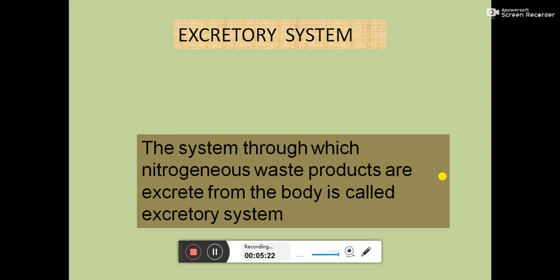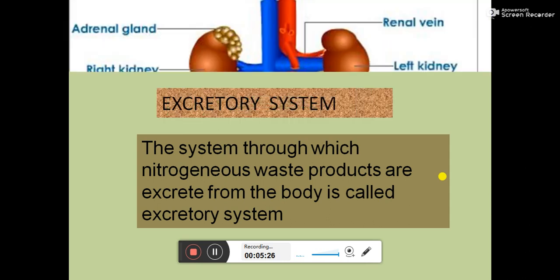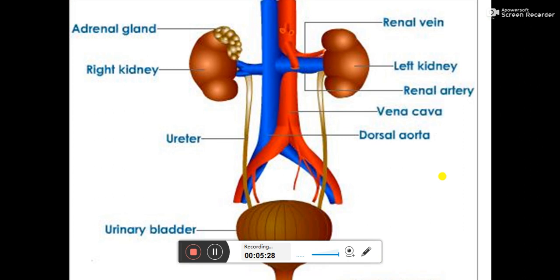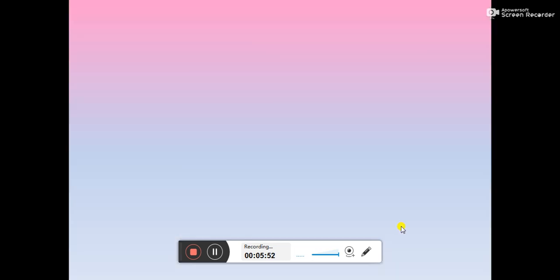For the introduction of the excretory system, we can look at the picture. We can see the renal vein, adrenal gland, right kidney, left kidney, renal artery, vena cava, ureter, dorsal aorta, urinary bladder, urethra, and urethral sphincter as excretory system organs.